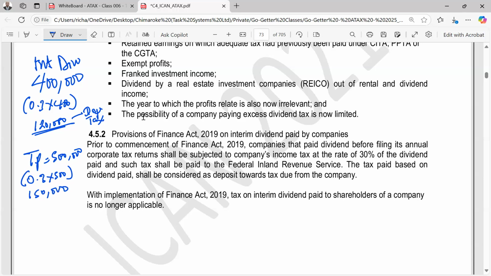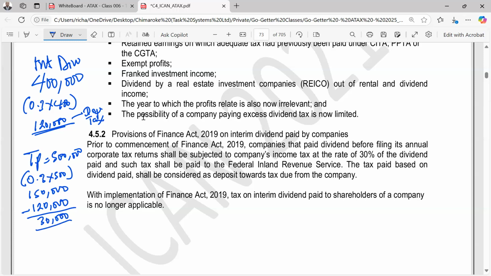Because you have deposited 120,000 from dividends, what you're only going to pay is 30,000. That is what we are saying.